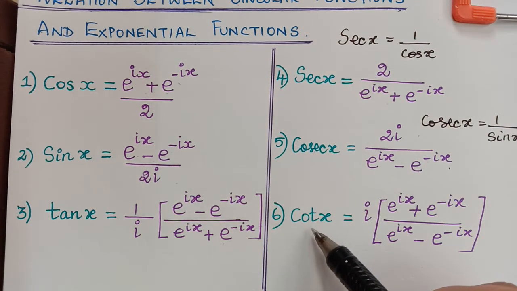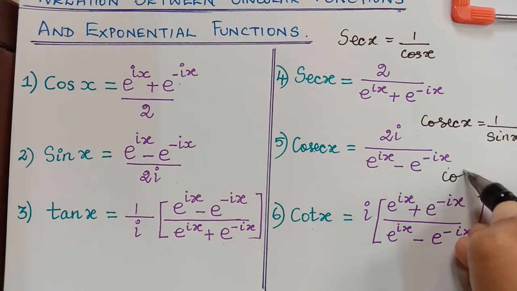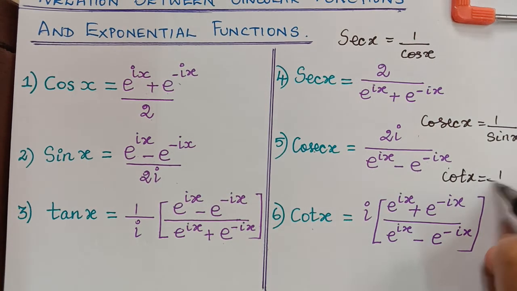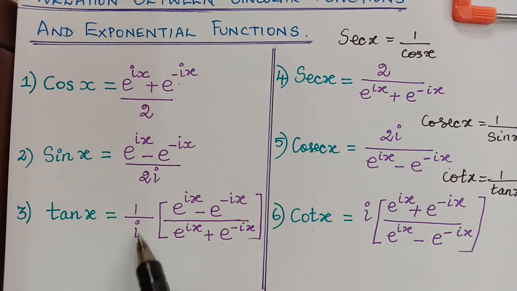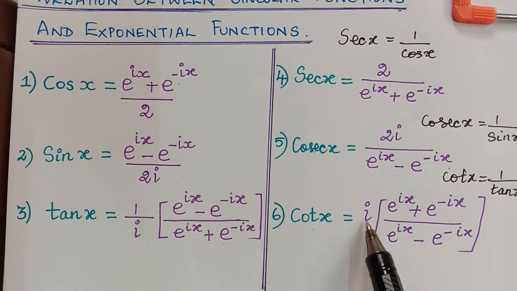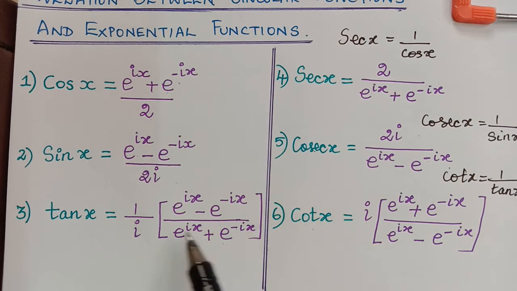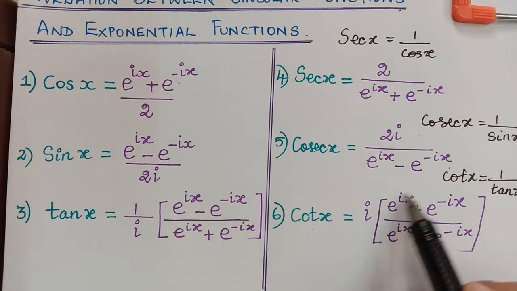And we also know that cot x is equal to the reciprocal of tan x, so 1 by tan x. So cot x will be equal to, this i in the denominator will become the numerator, multiplied with the term in the denominator, which will become the numerator.